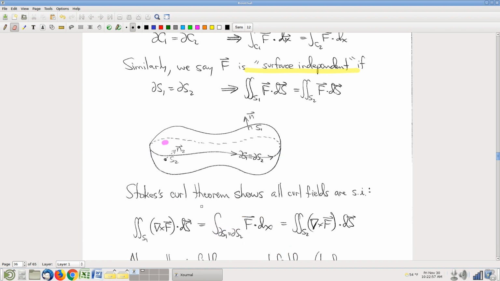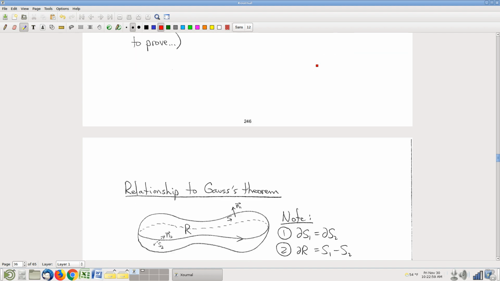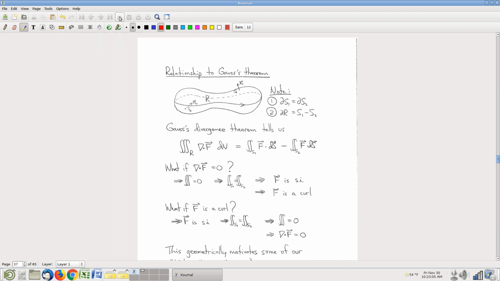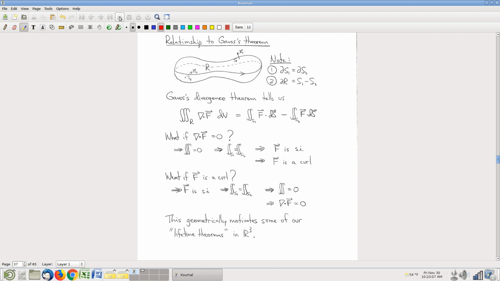We made an argument on the next page here, and this is a good argument to go through anyway. We talked about the details last time, so I'm going to go through quickly. You draw this picture analogous to a picture that we drew when we were talking about path independence. Make an argument with Gauss's divergence theorem, and the punchline is surface independent if and only if the divergence is zero.